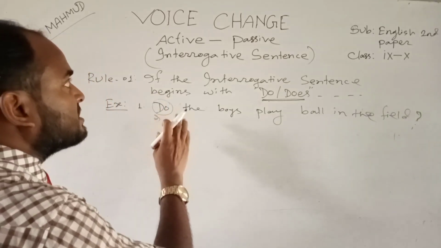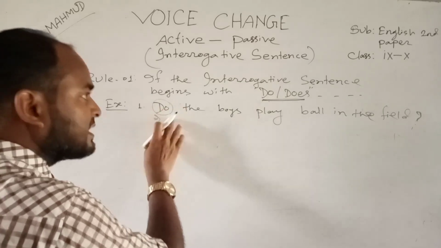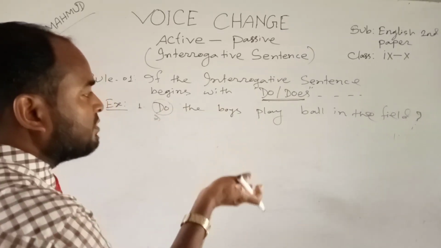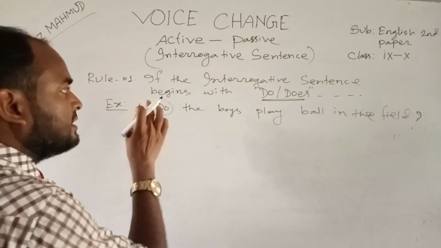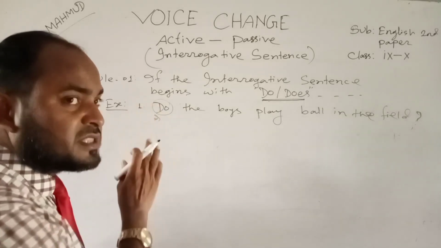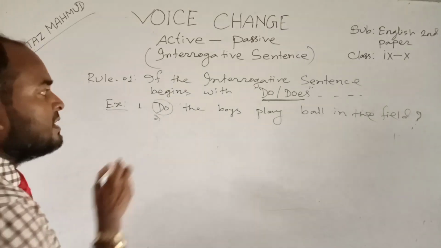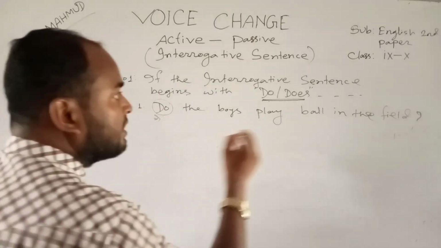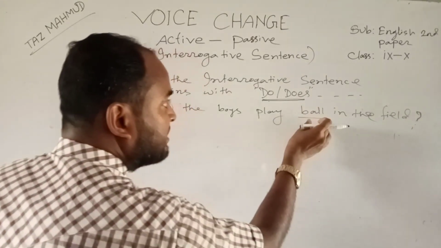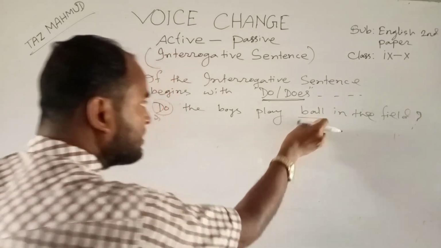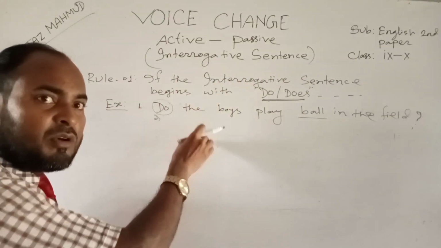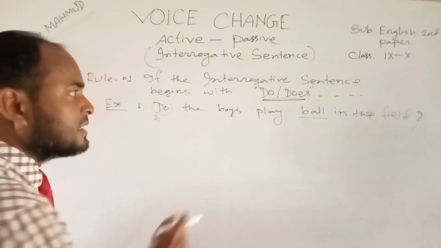If we want to transform this active voice into passive voice, then we have to first write the auxiliary verb am, is, are. We have to follow the object at first, because the object will be set as the subject of the passive sentence.